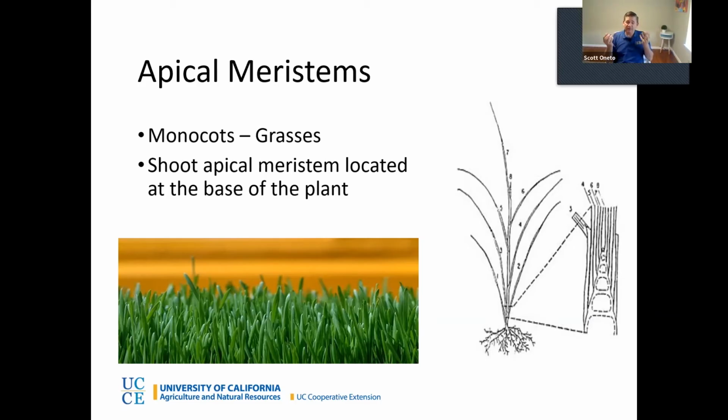But the new growth that eventually outgrows that grass that you cut, or those blades that you cut, they're all originating from down here at the apical meristem. So new cells are going to divide. Those cells are going to elongate, and as they elongate, they push up and past the blades that you already cut, and then you have new grass that you then have to come in and mow, and then that cycle just keeps on continuing. And then likewise, all of the root tips have also apical meristems.